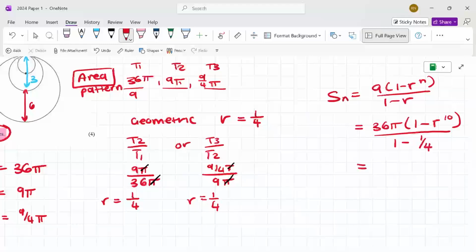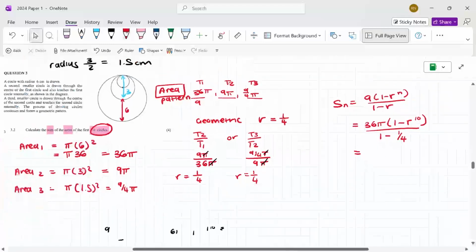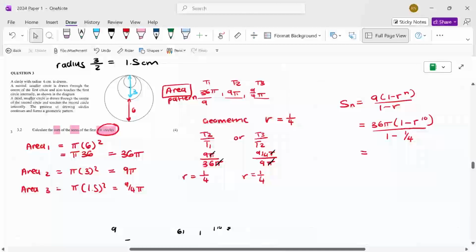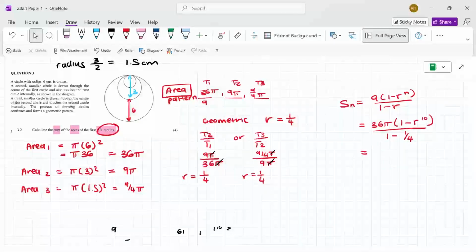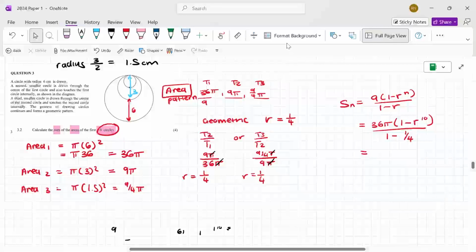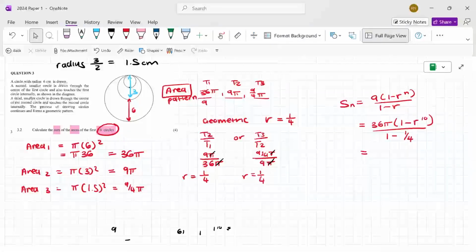What answer does this give you guys? What answer do you get here? What is the sum of all the areas if we put this in our calculator? I want to know what answer you get.